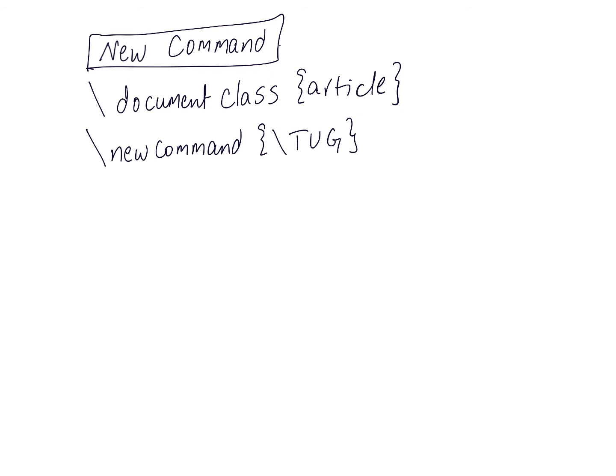So now this would be your name for that new command. And whenever you want it, you'll refer to TUG. Now this refers to tech users group. So whenever the software sees \TUG, it's referring to tech users group. So you don't need to write tech users group every time. And we'll run this code and we'll see how it works, okay? So let's begin our document.